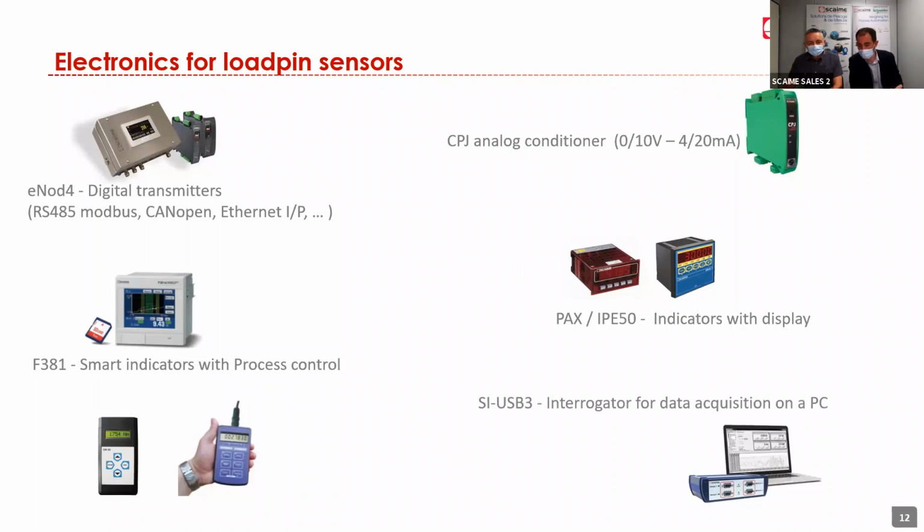Also, our range of interrogators for data acquisition on a PC, our SI USB 3 data acquisition unit that you can connect to a PC through a USB connection, and then use a dedicated software for data analysis. And the last range of measuring electronics, a range of handheld displays, mainly dedicated for on-site measurement, with our IPM25 and GM80.